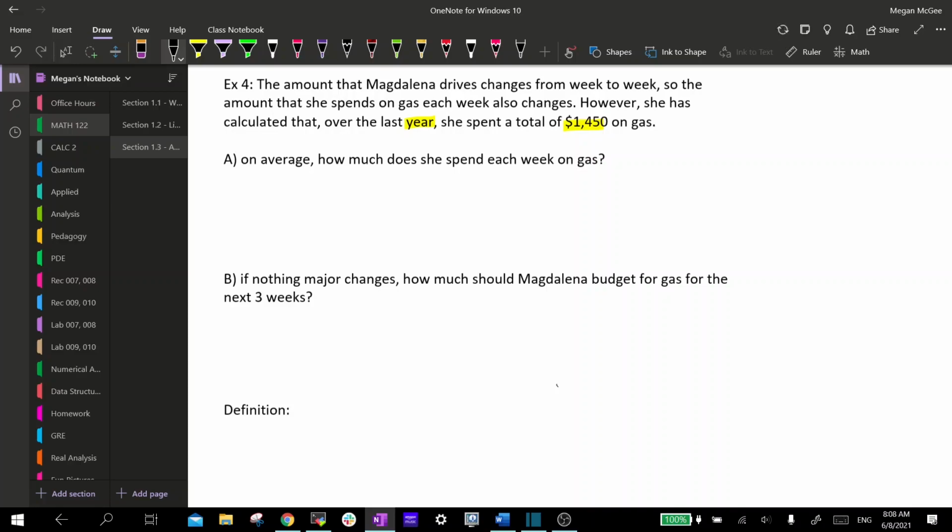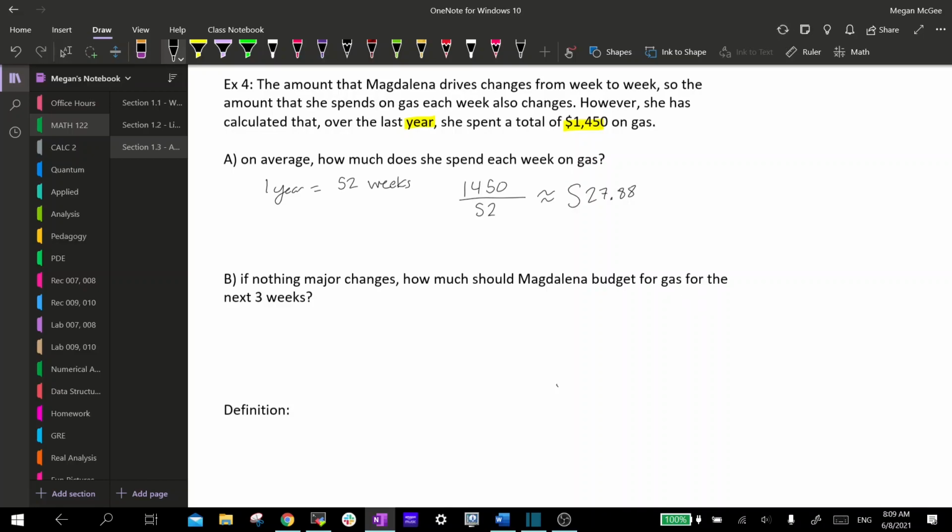Well, we want to know how much she spends each week on gas. 1 year is the same thing as 52 weeks. Alright, so if we take our $1,450 that Magdalena spent in an entire year, and we divide that by the 52 available weeks in the year, and we put that into a calculator, we're going to roughly get $27.88.